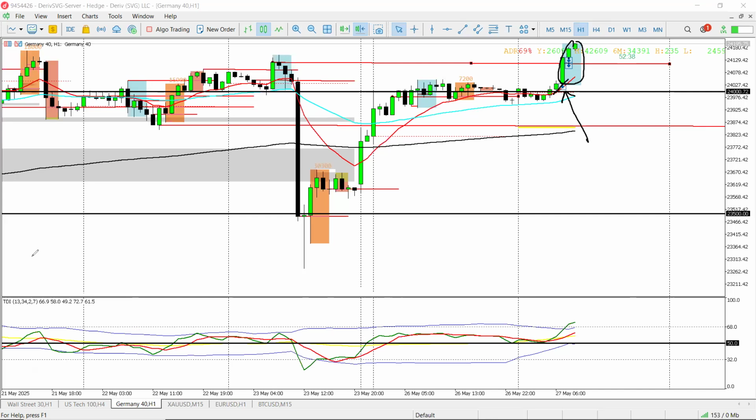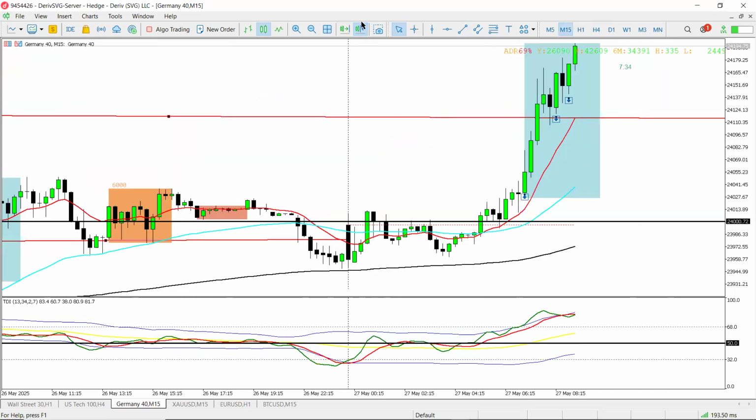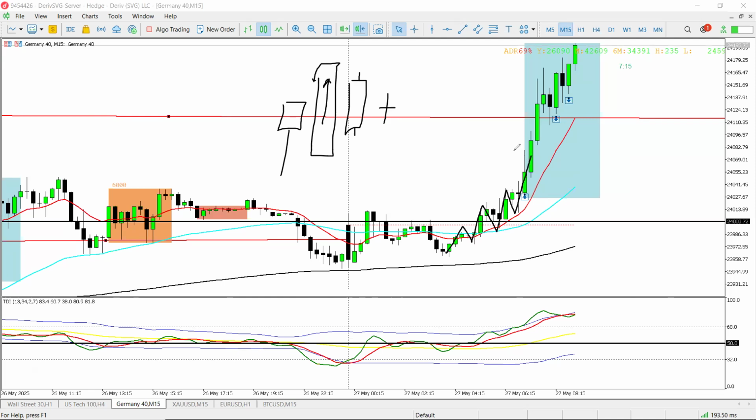Then coming down to M15, which is where we mainly confirm. Here is where we want to look for nameable candles. You want to get either a pin bar, a bullish engulfing, an inside bar, or a doji. As long as it's showing you that trend in line with your higher time frame, everything should be perfect.